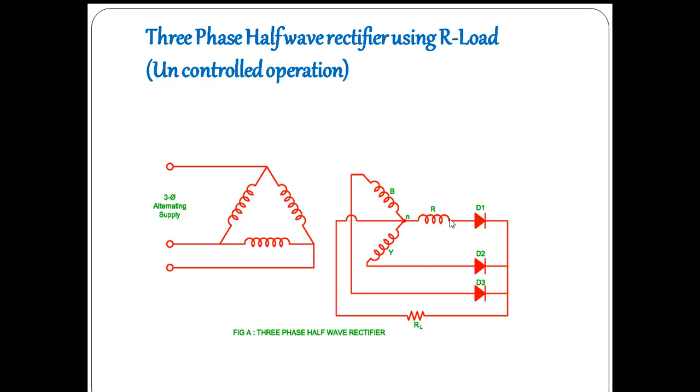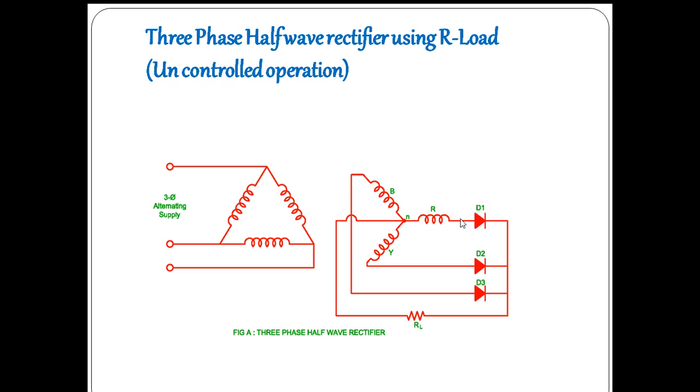Suppose two devices are forward biased. Suppose here we have a voltage of 10 volts, here we have 50 volts, and here we have minus 30 volts, for example. In that case, these two are forward biased, plus 10 volts and plus 50 volts. The device which is subjected to more forward bias will be in conduction.